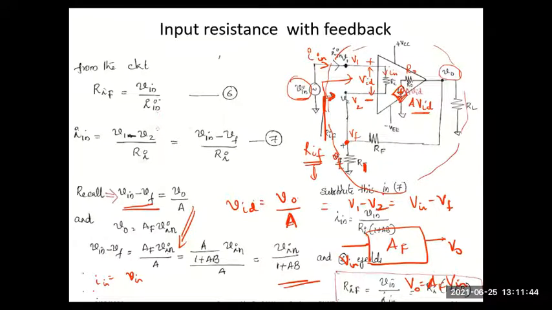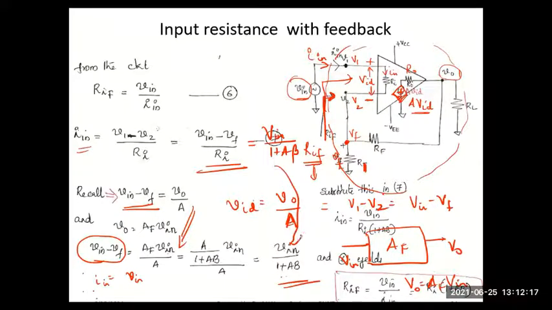Vin by Iin, or Iin can be Vin by Rif. We had an expression for Iin, and I have Vin minus Vf in this equation, and that Vin minus Vf has been equated to Vin by 1 plus A beta. So if I substitute, I'll get Vin by 1 plus A beta in this equation.